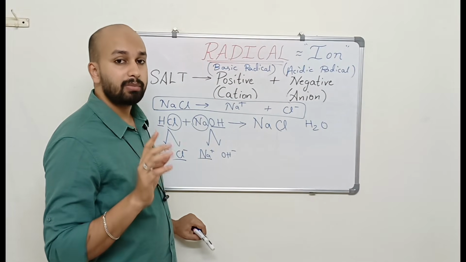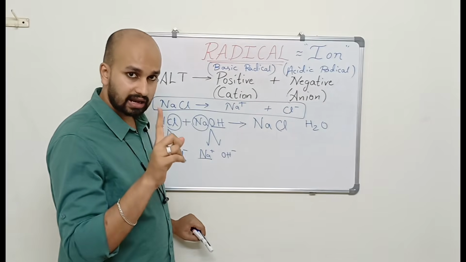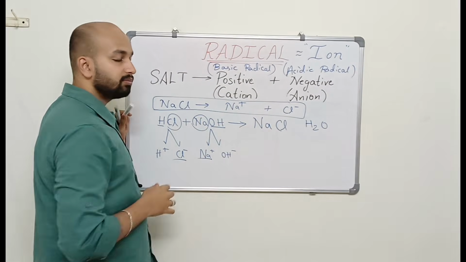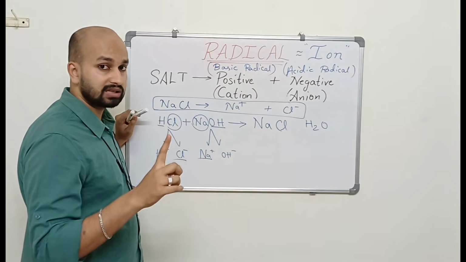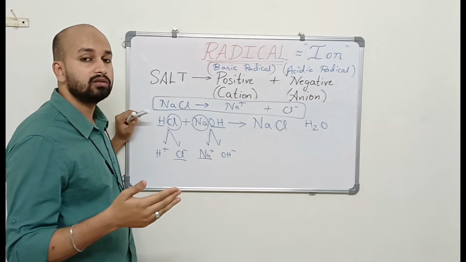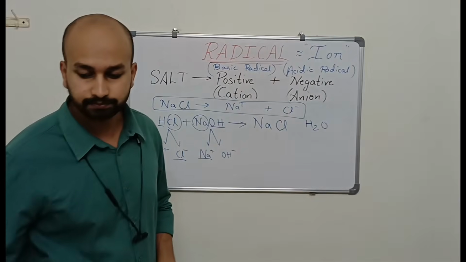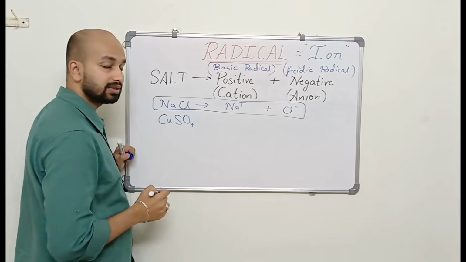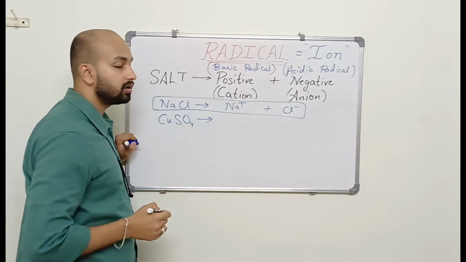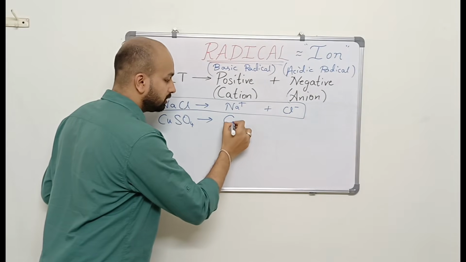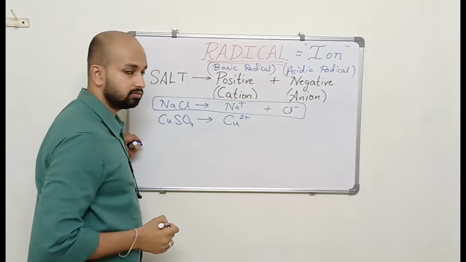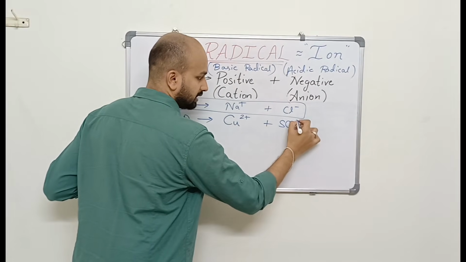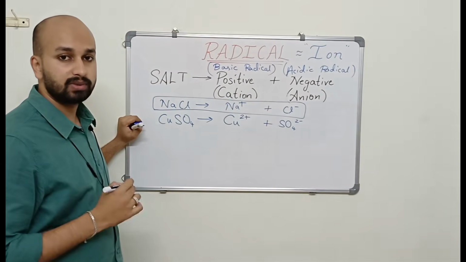So what did I say? Radical is a particle which is made up of a single atom or group of atoms. Now I have given the example of a radical which is made up of one single atom. Let me give you an example of a radical which is made up of a group of atoms. Copper sulfate. Now on dissociation of copper sulfate, you would get copper ion, which is Cu2 plus, and sulfate ion, which is SO4 2 minus.